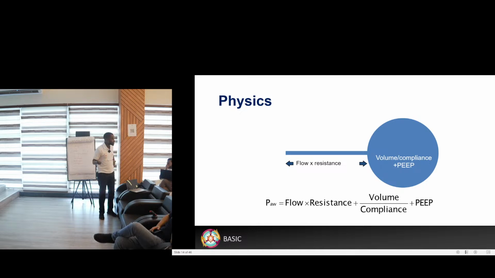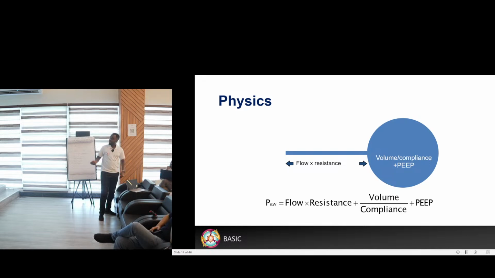The resistive component comprises the airways. What are my airways right now? Nose, mouth, trachea, bronchus. Those are my airways. But on a ventilated patient, we're adding the ETT and breathing circuits all the way to the vent. So for a ventilated patient, those are now his airways: the breathing circuit, the ETT, the trachea, the bronchus, all the way.